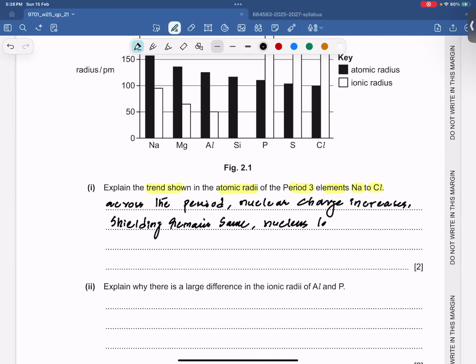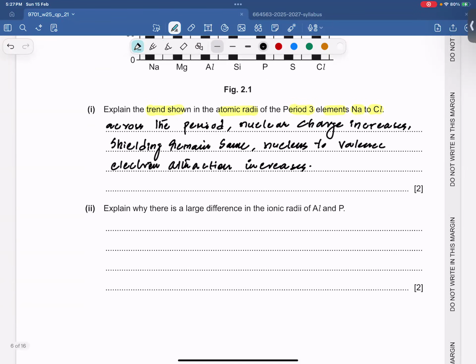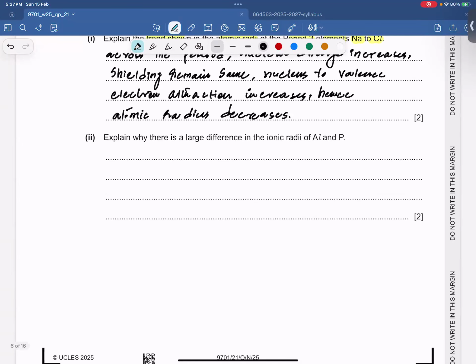Nucleus to valence electron attraction increases. Which is why atomic radius decreases. Hence, atomic radius decreases.